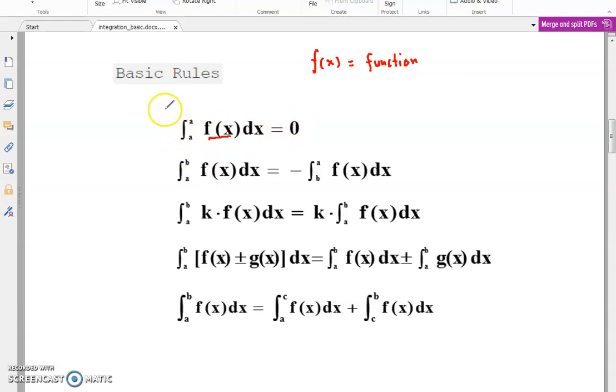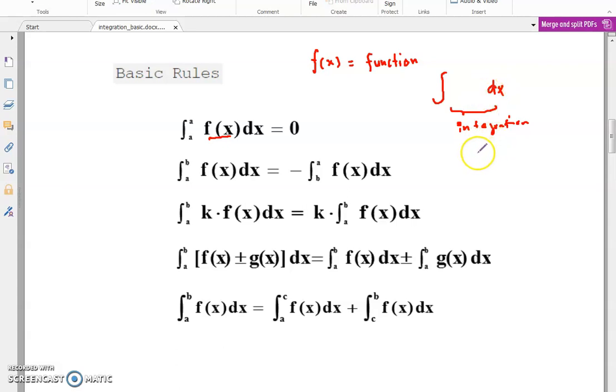If we deal with the notation of the integral, something like this, this is the notation of your integration. The value of dx here depends on your variable.